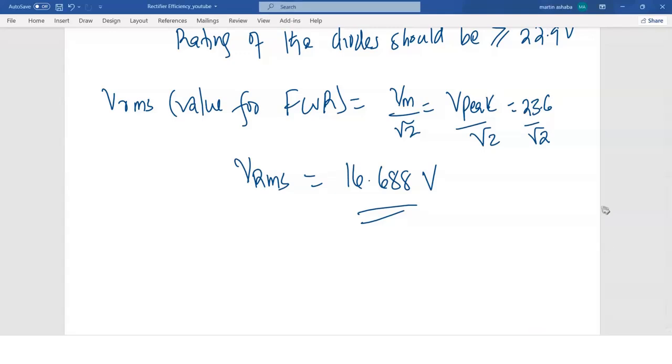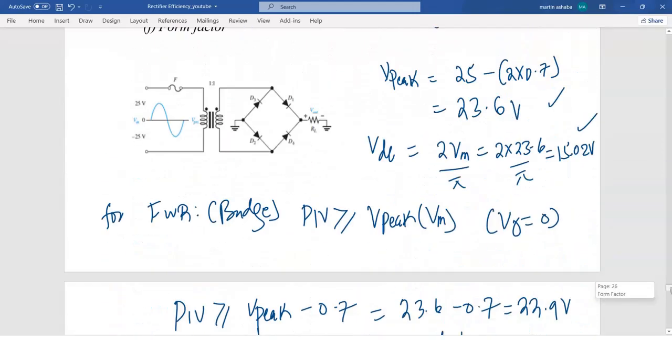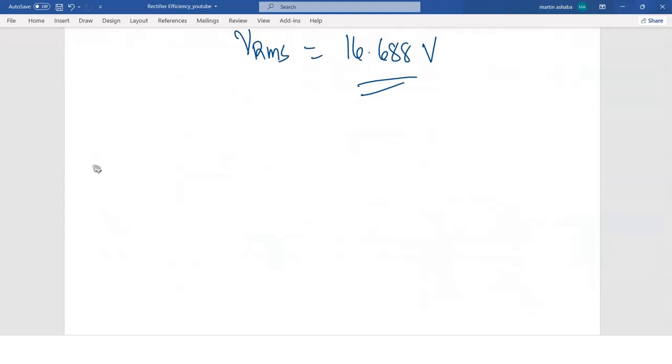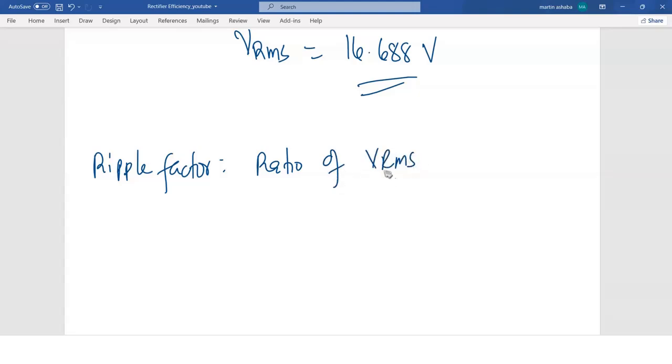Let's proceed and look at the next, which is the ripple factor. We are told to also get the ripple factor. Ripple factor is the ratio of VRMS value to VDC, or the average DC output voltage. We already know that the VRMS is 16.688.